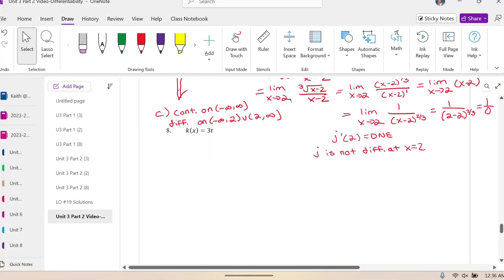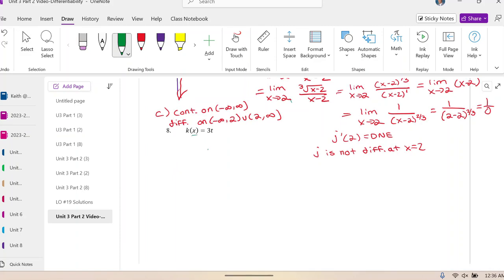And last but not least, it says k of x equals 3t, right? Well, if this is x and that's t, that means 3t is a constant.